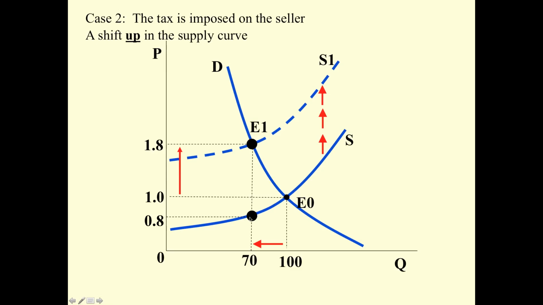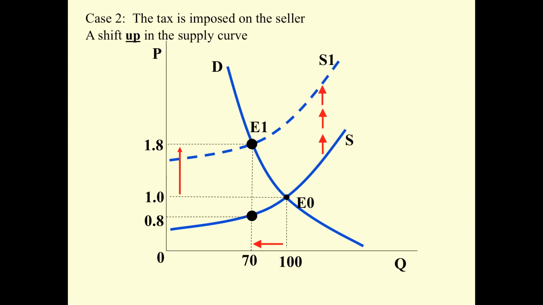So at this point here, to supply 70 units to the market, the seller needs to get at least 80 cents a unit from the buyer. Correct? At least 80 cents a unit from the buyer. Well, if they charge 80 cents a unit and they have to pay $1 of tax, that's not going to work, is it?